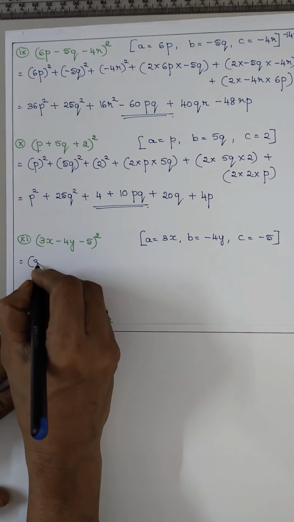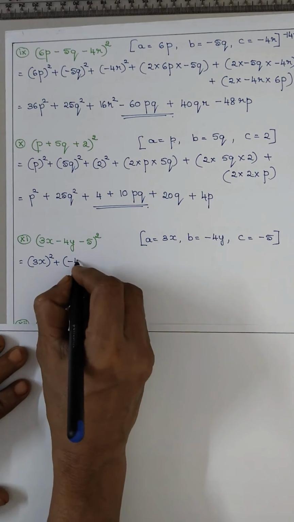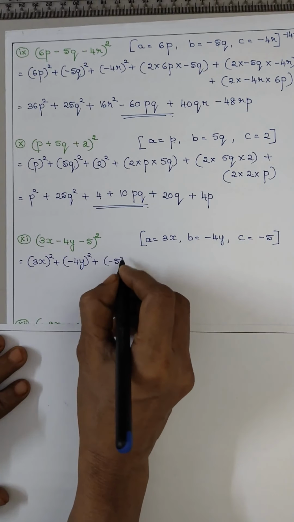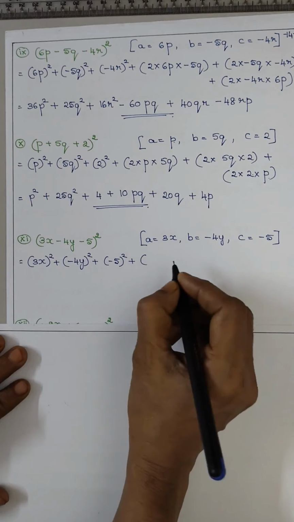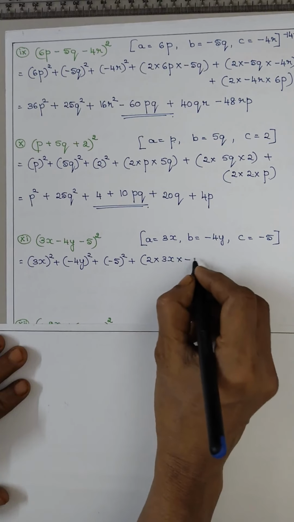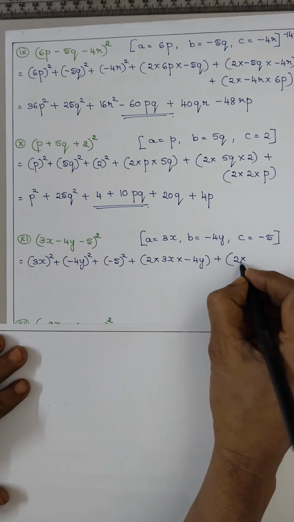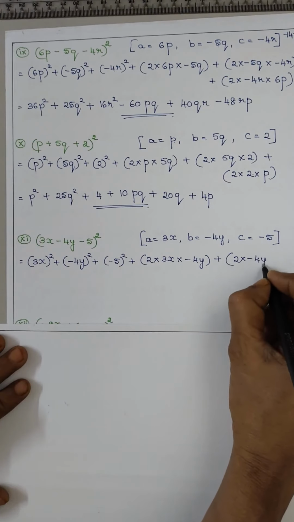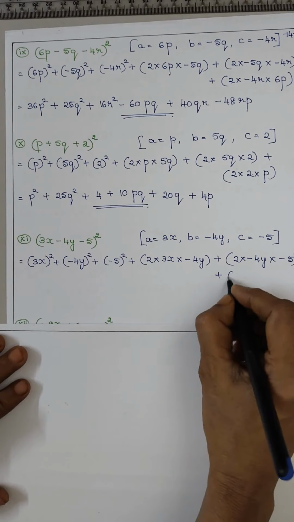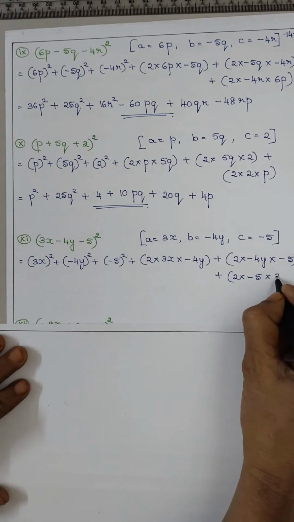A square 3x the whole square, b square minus 4y the whole square, c square minus 5 the whole square. 2ab, 2, a is 3x, b is minus 4y plus 2bc, 2, b is minus 4y, c is minus 5. Now 2ca, 2, c is minus 5, a is 3x.